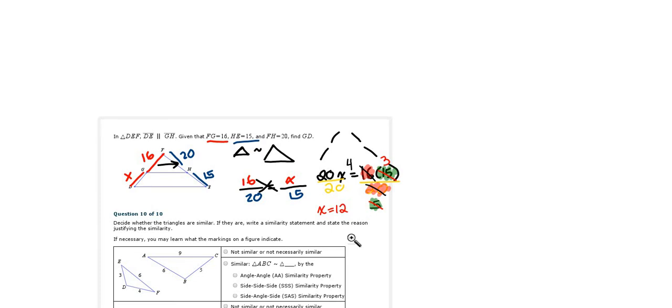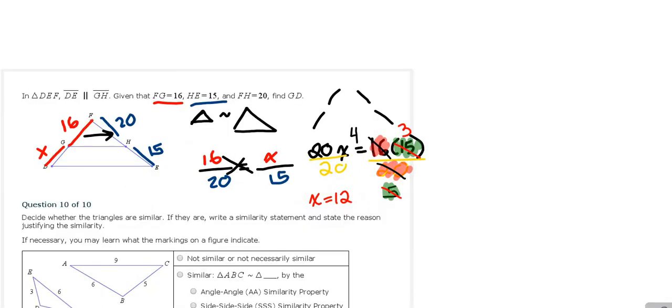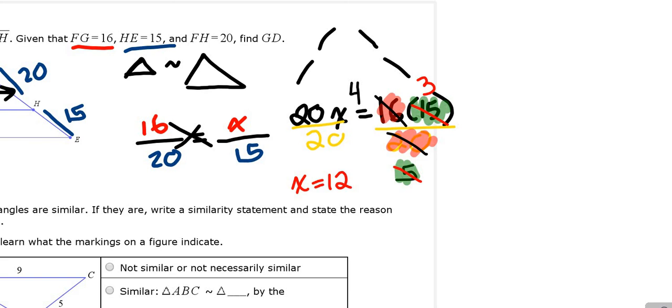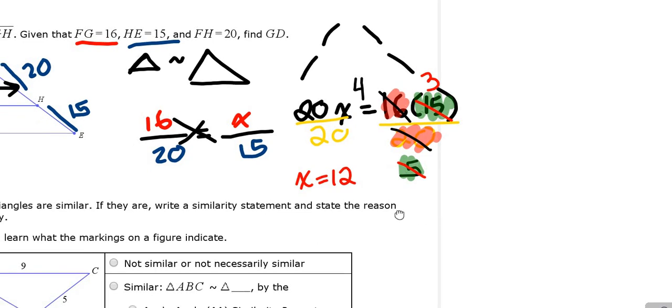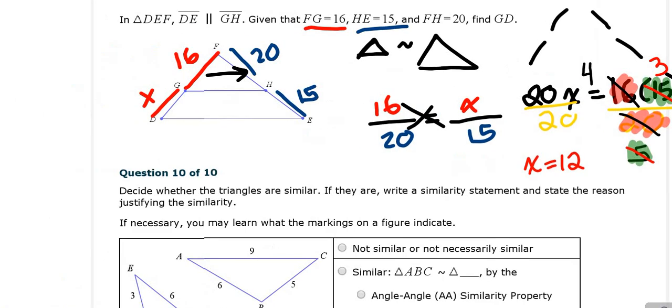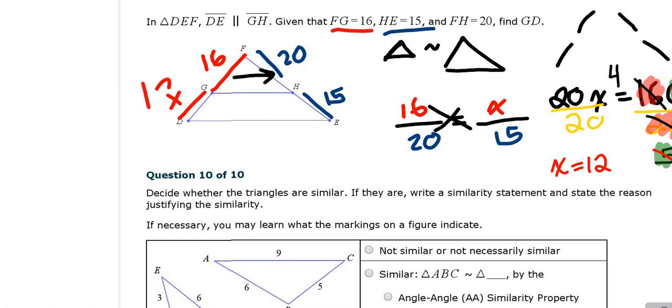Now, super easy to check your work. So you simply check the ratio. 4 goes in there 4 times, 4 goes in there 3 times, 5 goes in there 4 times, 5 goes in there 3 times. There's your ratio.